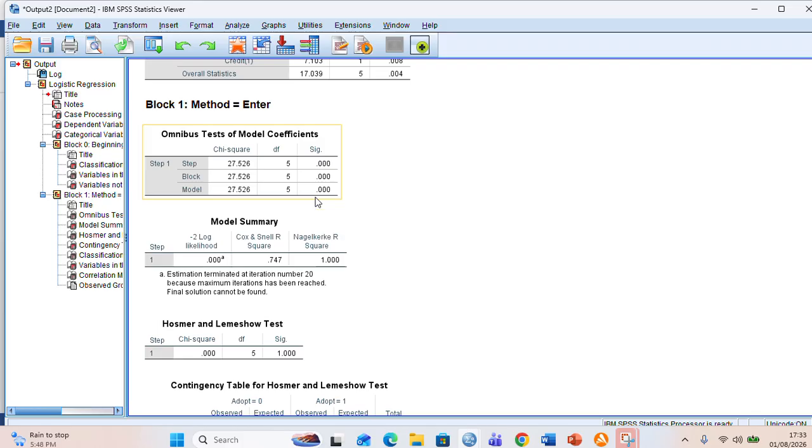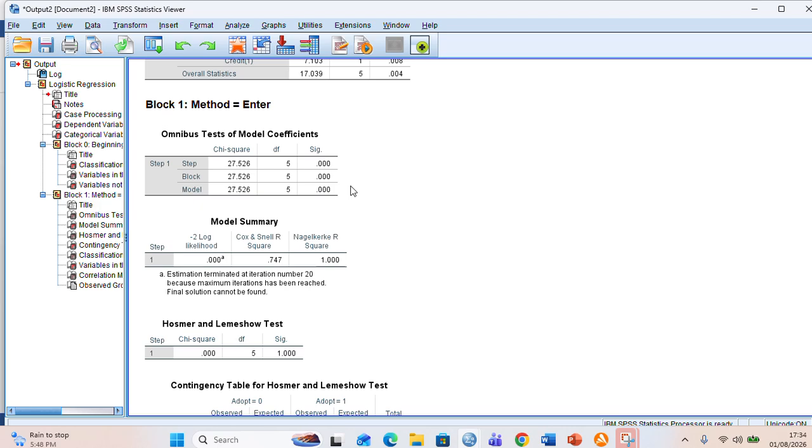So how do you write your interpretation? You write your interpretation like this. You say the omnibus test of model coefficients showed that the logistic regression model was statistically significant. And then you need to write the chi-square, and the degrees of freedom in brackets, 5, is equal to 27.526, and then the p-value you write less than 0.01.